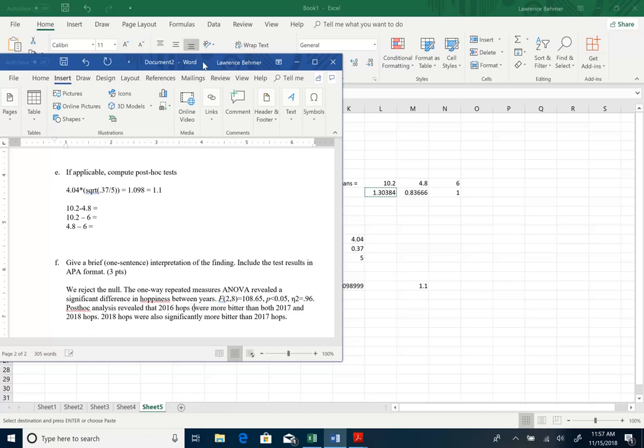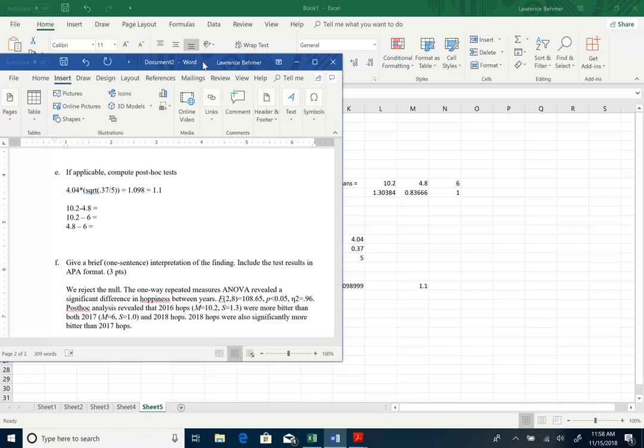So 2016 hops, so we'll go mean equals 10.2, standard deviation equals, we'll say 1.3. And remember, italicize any English letters. And I'm going to make life easy on you. I'm going to copy this, just change the values. So after 2017, I'm going to report the 2017 values, which was a mean of 6, and a standard deviation of 1. And I'll call it 1.0 to make it look nice.